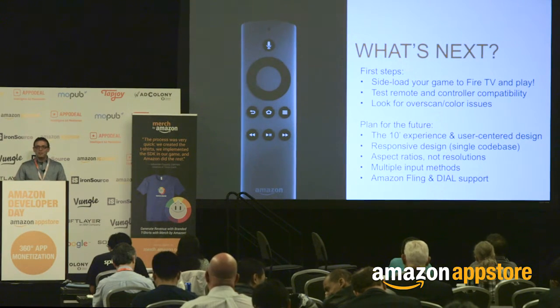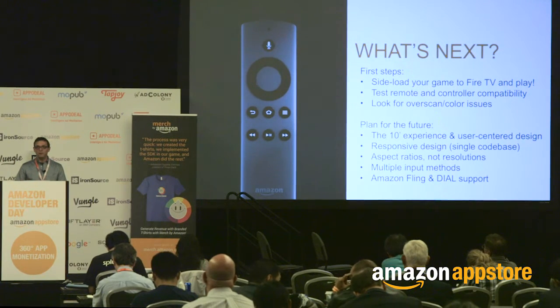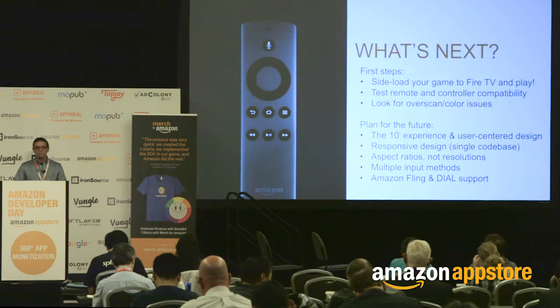Keep in mind that you're going to be dealing with multiple input methods. So maybe you're using touch or gestural input on a mobile device, but on Fire TV, obviously, you're going to be limited to more joystick type controls. And then also consider using Amazon Fling or Dial to enable second screen experience, which I think is going to be even more important this year than it was last year.